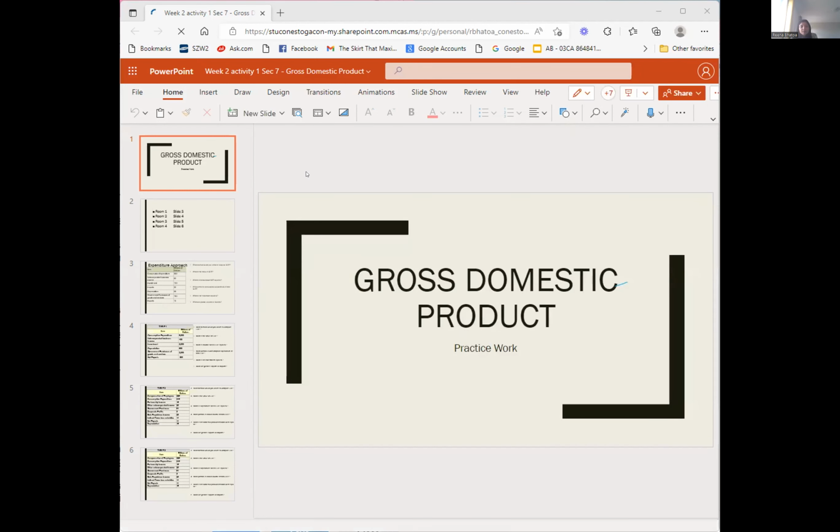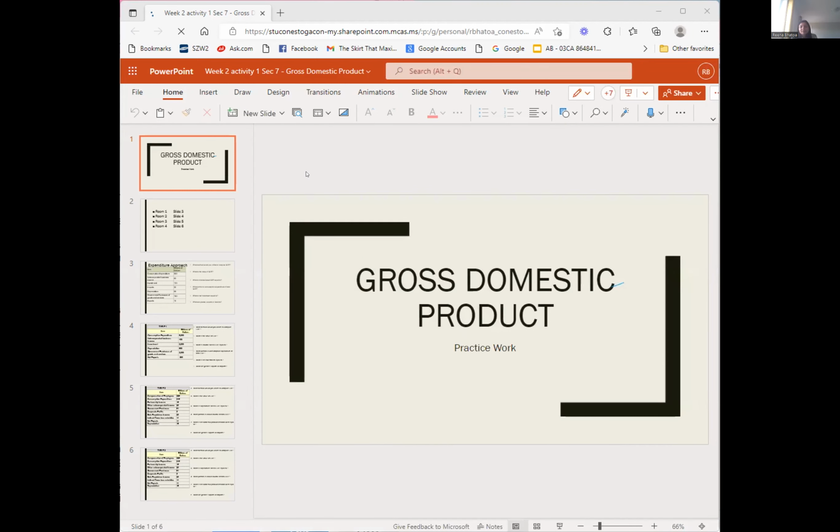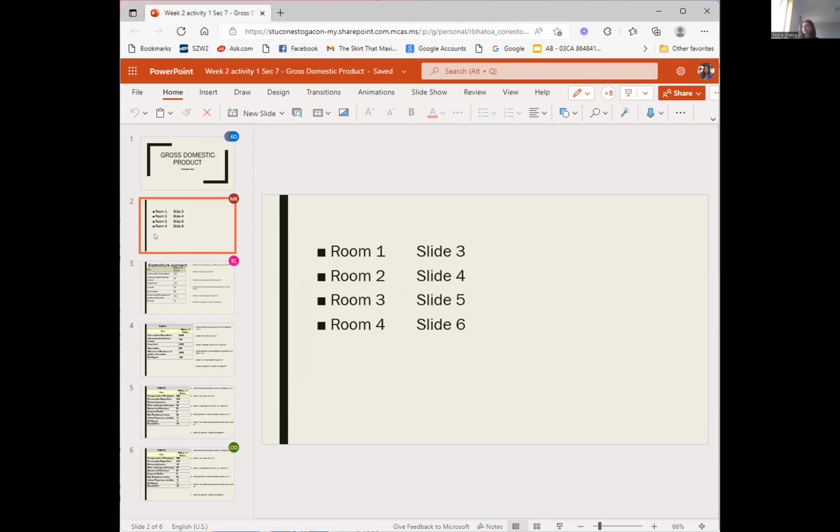So you have a link in the chat. Yes, please open the document. I can see many students already there. So I will show you what to do. So this is the GDP practice work based on our attendance.